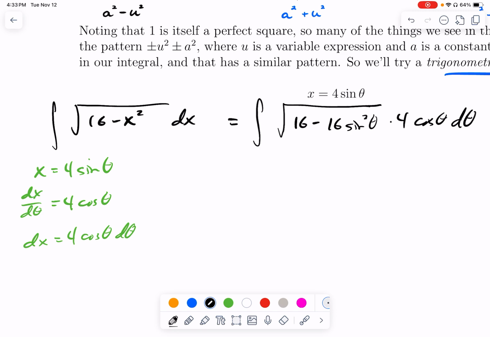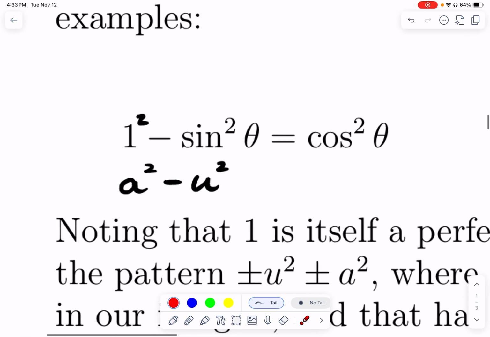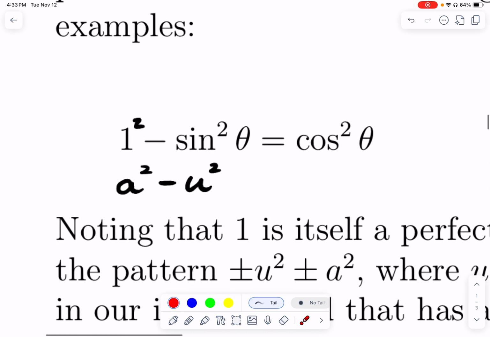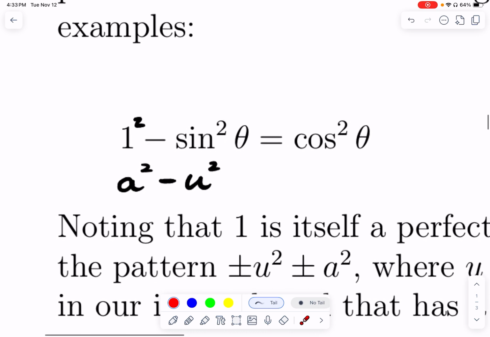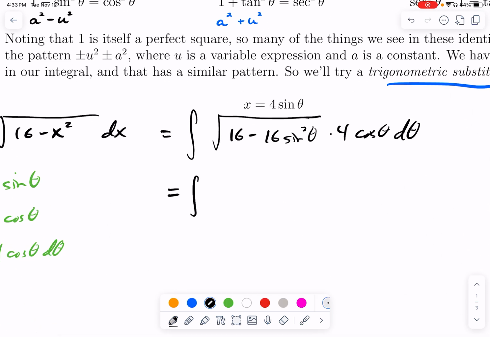So I've made my substitution, and let's see what happens. This thing under the radical is just 16 times this pattern with 1 minus sine squared. So it's not literally 1 minus sine squared. It's 16 copies of 1 minus 16 copies of sine squared, which would be 16 copies of cosine squared.